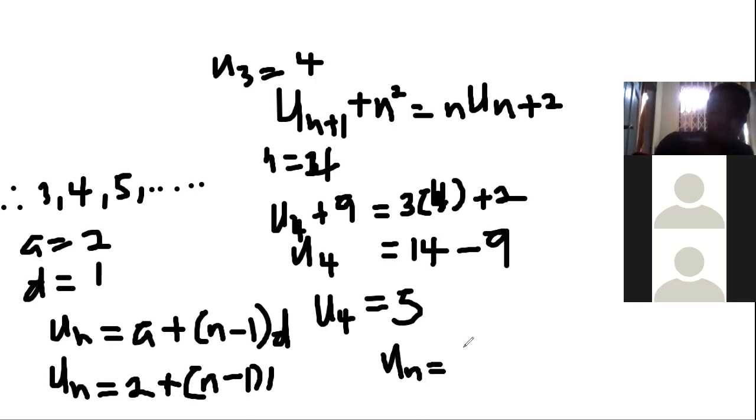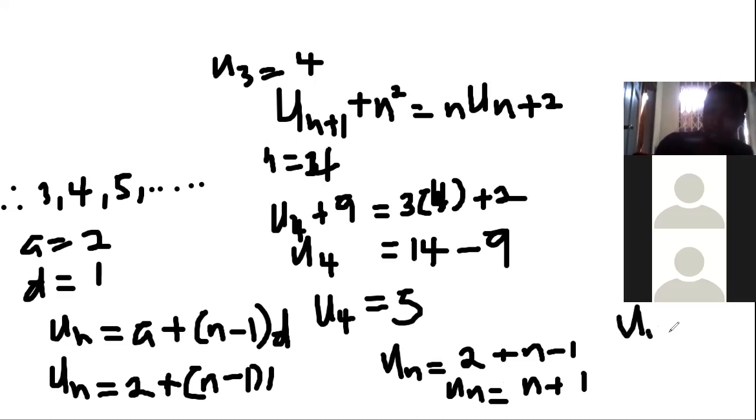When we simplify, this will be 2 plus n minus 1, so Un will be equal to n plus 1, or 1 plus n, whichever way. So there's the expression for Un in terms of n.